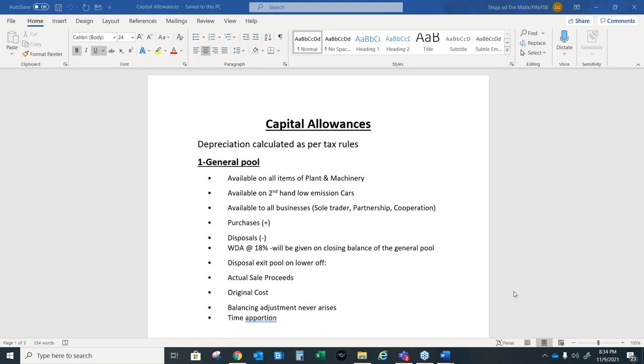I hope yesterday's session was fruitful for you, as we discussed the exam technique, the pain points of the examiner while marking your examinations, and the do's and don'ts that we have to follow while doing the paper.